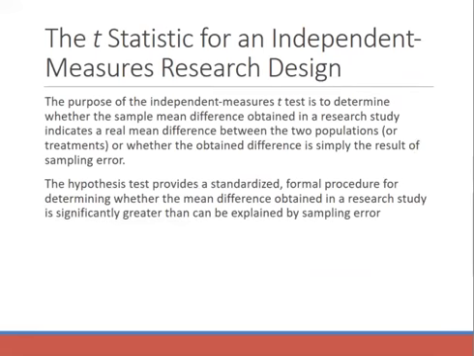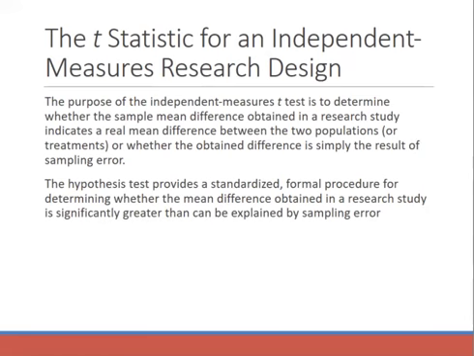So as with all hypothesis tests, the general purpose of the independent measures t-test is to determine whether the sample mean difference obtained in our study indicates a real difference between the two populations, or whether the obtained difference is just the result of sampling error.